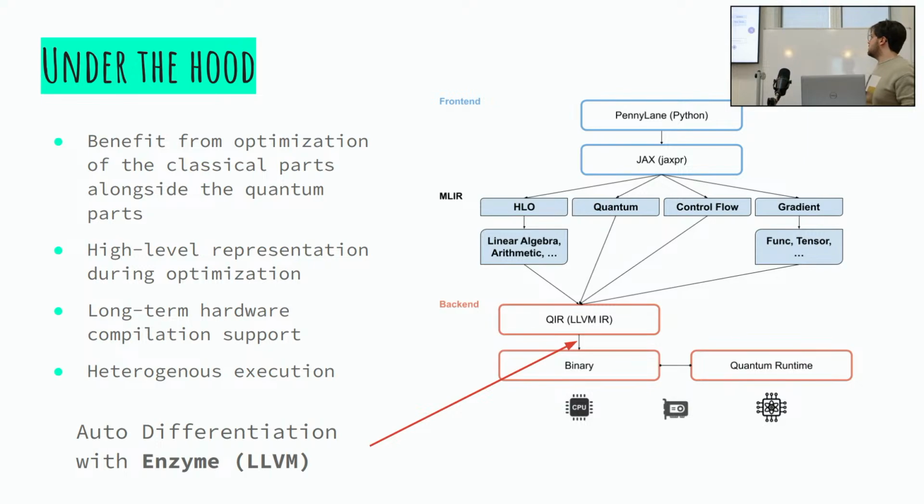The second part is to lower everything down to MLIR. So we also use the function from JAX to lower to MLIR, plus our custom lowering for everything that is quantum, gradients. We also added recently error mitigation dialects.